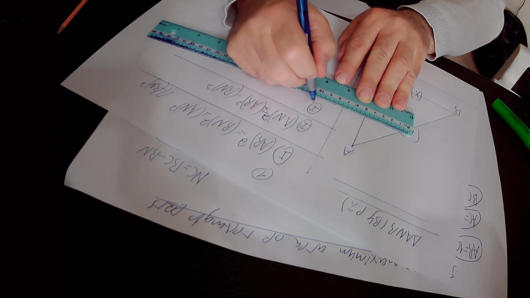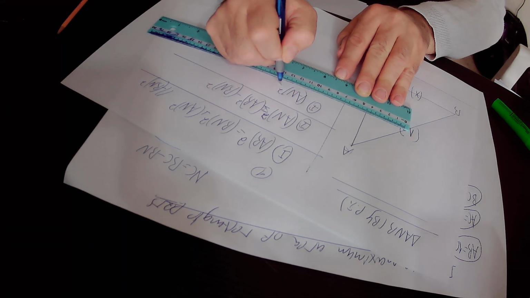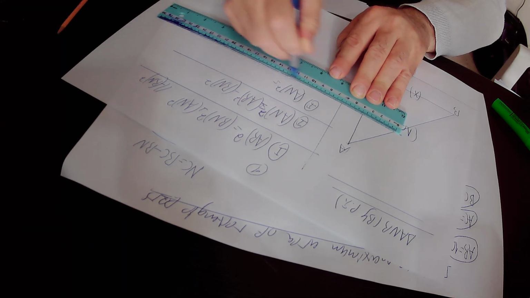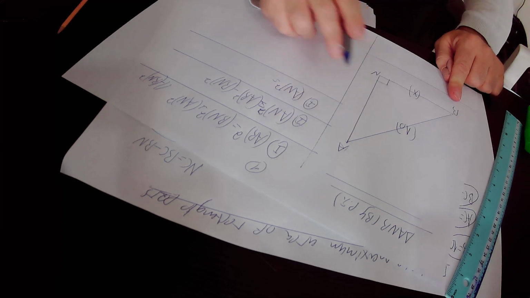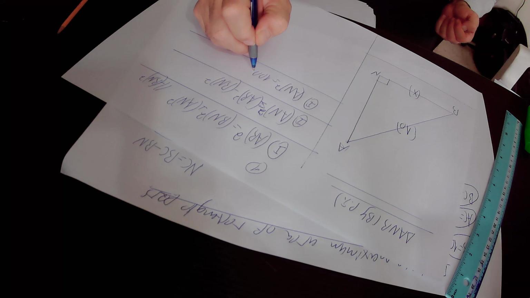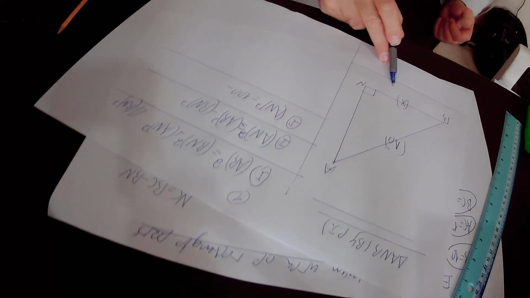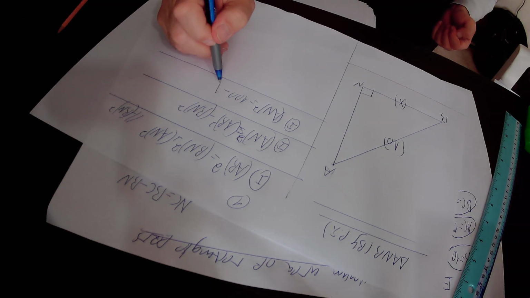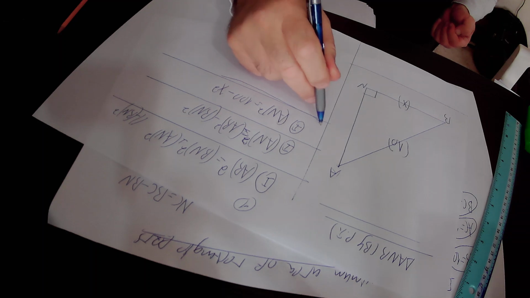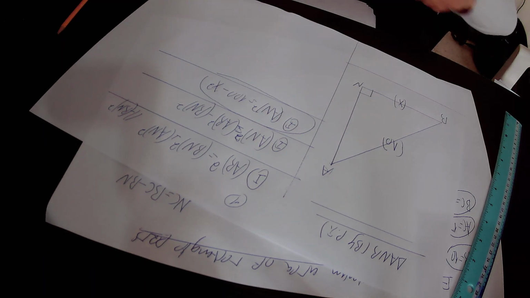So AN square equals AB square. AB is 10, therefore AB square is 10 squared, that is 100, minus BN square. BN is x, therefore BN square is x squared. So in conclusion, according to equation 1, we find that AN square equals 100 minus x squared.